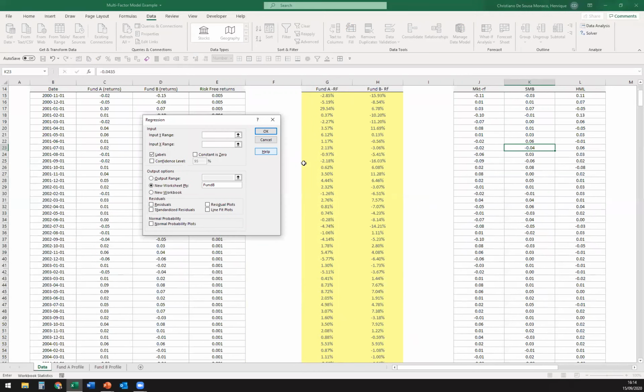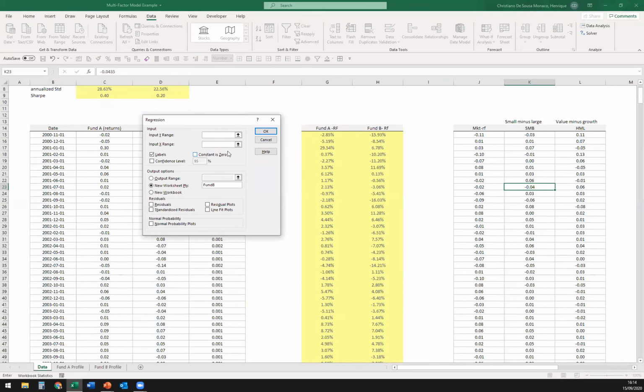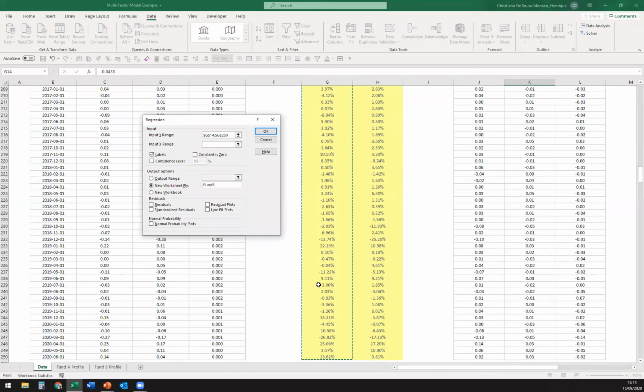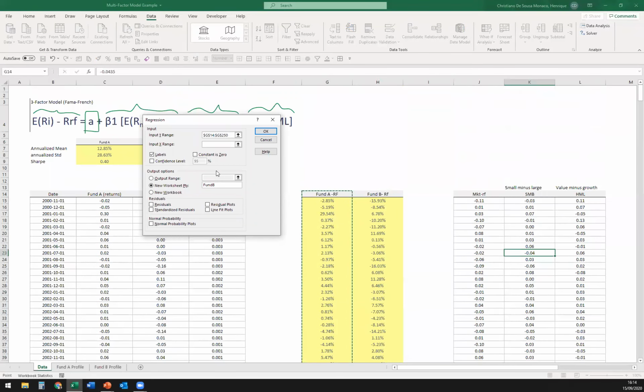I'm going to do fund A first. So for my Y range, I'm going to select the fund A column all the way down the values. Because I also selected the label, I'll click on Labels.